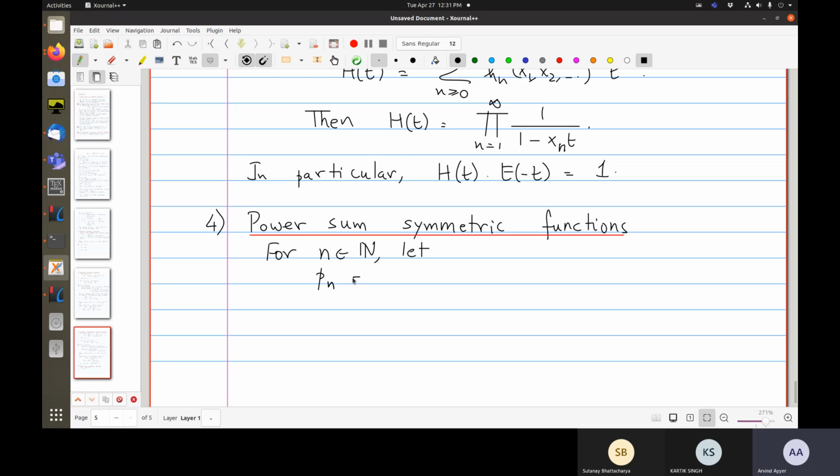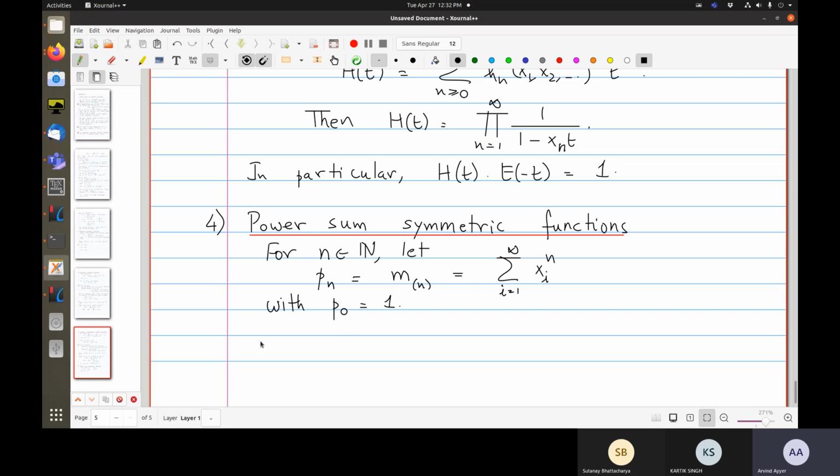So p_n is the sum over i from 1 to infinity of x_i to the power n, with p_0 equal to 1.